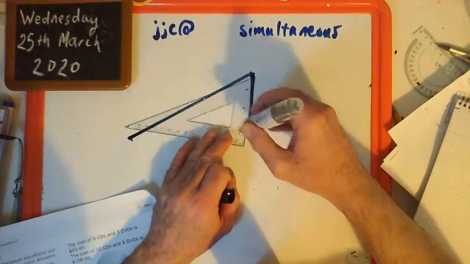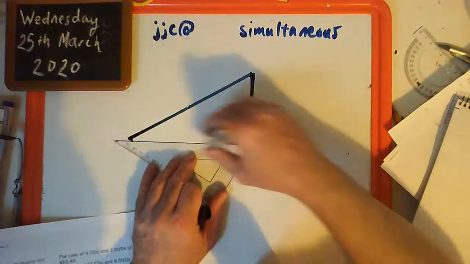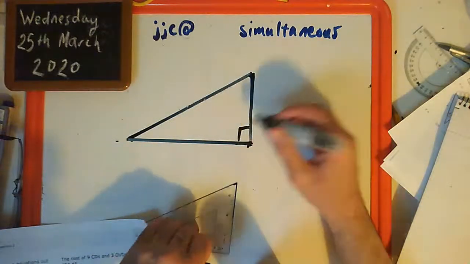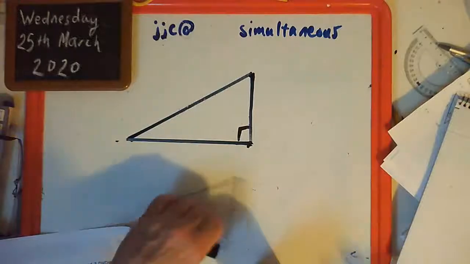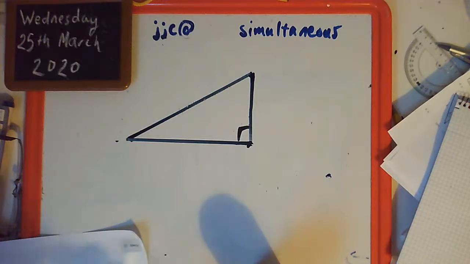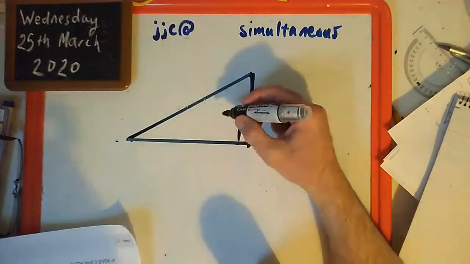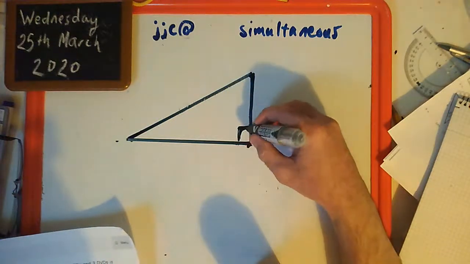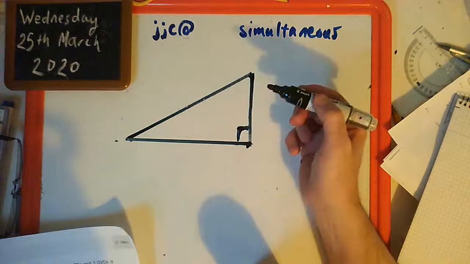So quick overview of trigonometry. It's all about right-angled triangles. And in a right-angled triangle, there's one 90-degree angle, and that 90-degree angle is always going to be the largest angle in the triangle, because if you've only got 180 degrees in the triangle, then that one being 90 only leaves 90 degrees for the other 2.